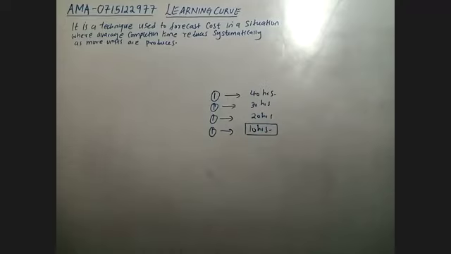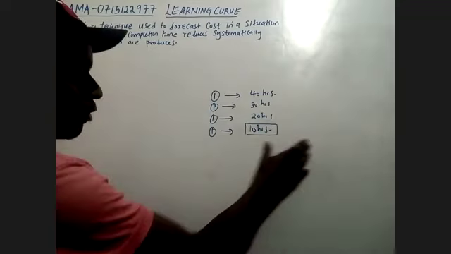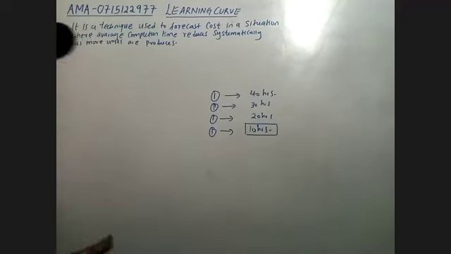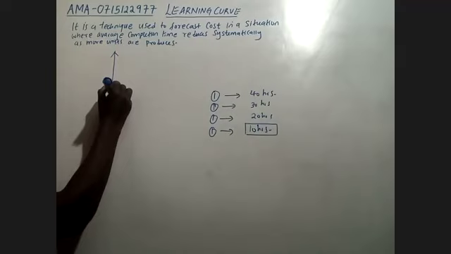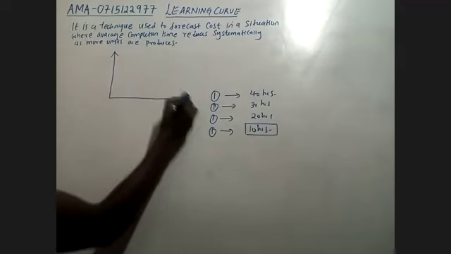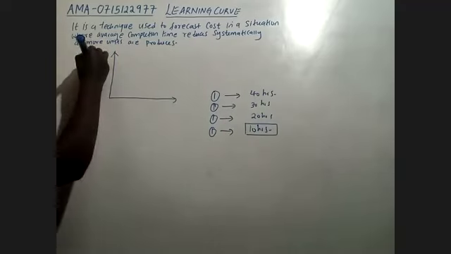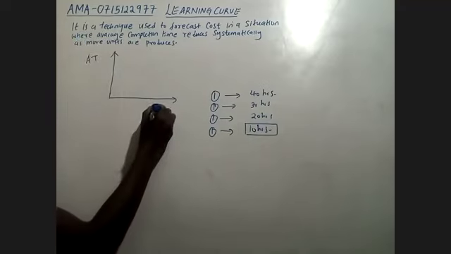So it is impossible, and the time of completing becomes constant. If you were to draw it, let us draw it, for example. Let us say this is the average time, and this one is the cumulative units.